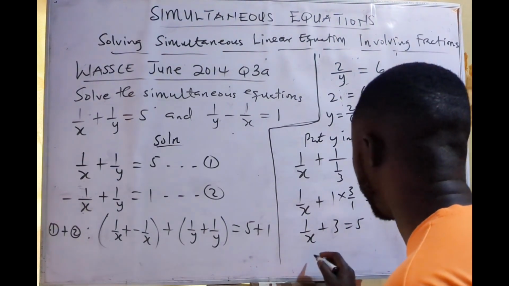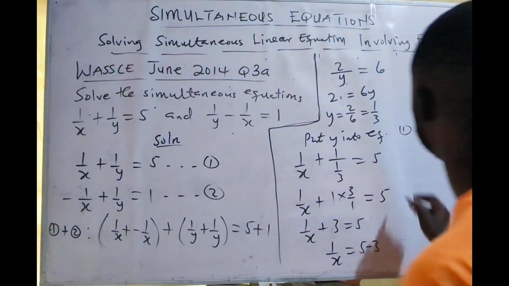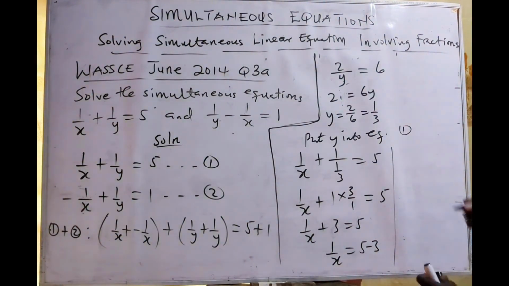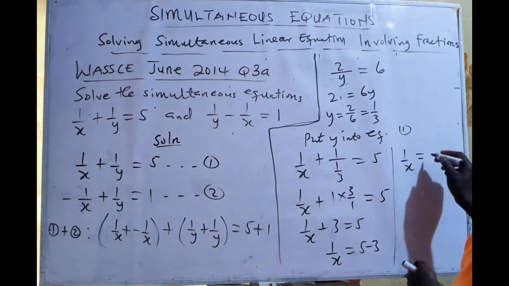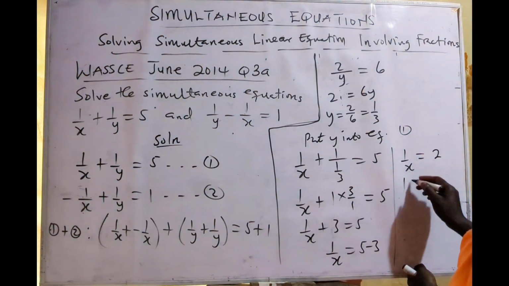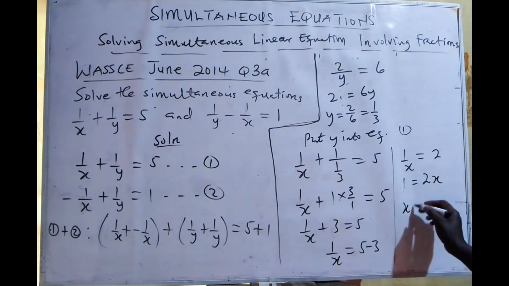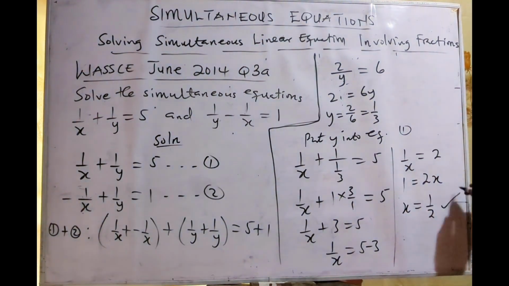So we have 1 over x equal to 5 minus 3, and 1 over x equal to 2. We multiply 2 by x, so 1 will be equal to 2x. And then we divide by 2, so our x will be equal to 1 over 2.